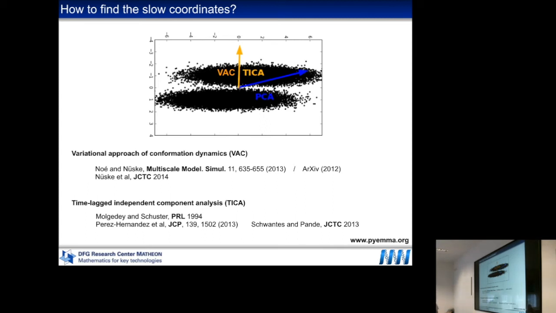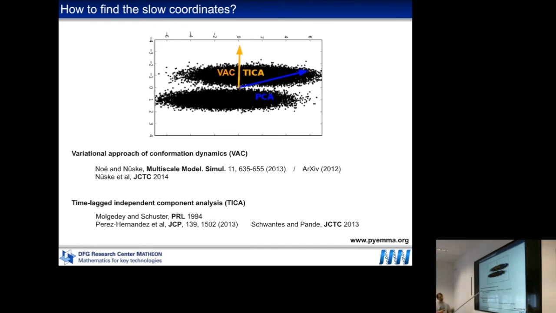And this is where we come back to the theory slide where I explained that the eigenfunctions and the eigenvalues are important. We don't know what the eigenvalues and eigenfunctions are, but we can show that there is a variational principle that allows us to build an algorithm which optimally approximates these eigenvalues and eigenfunctions, even if we don't know them, and which only uses things we can compute from the trajectories.